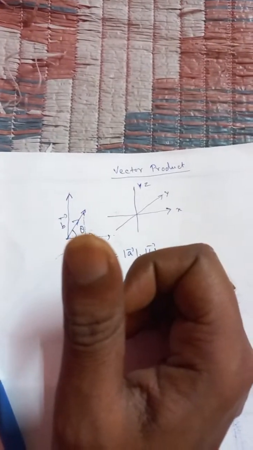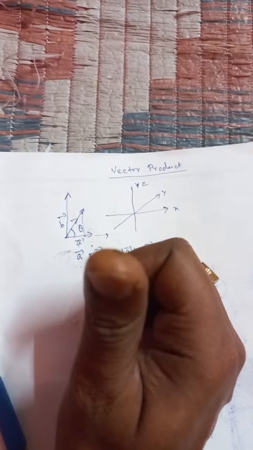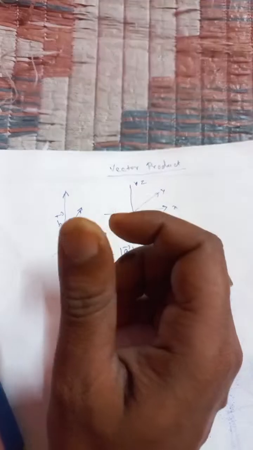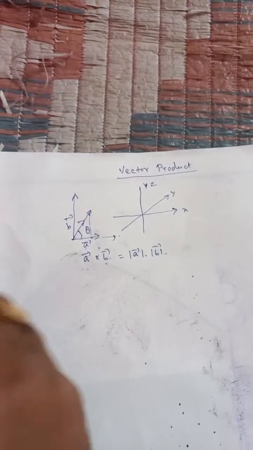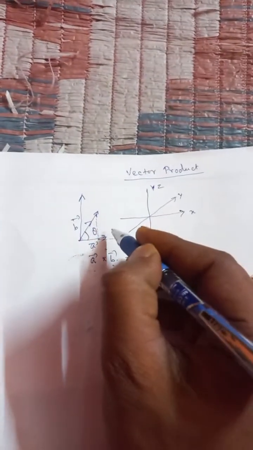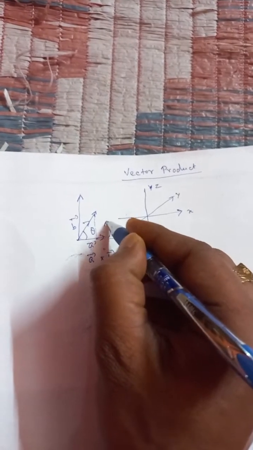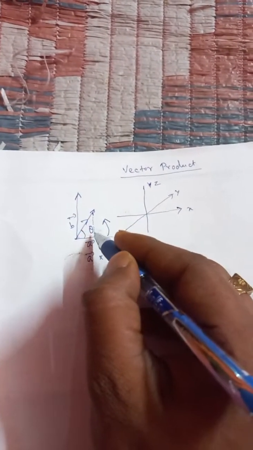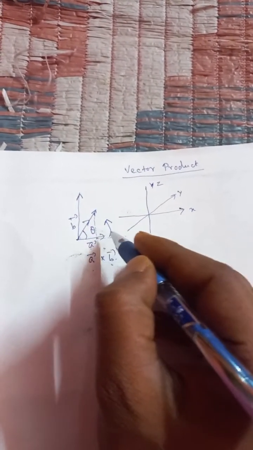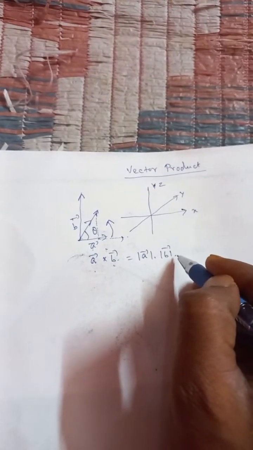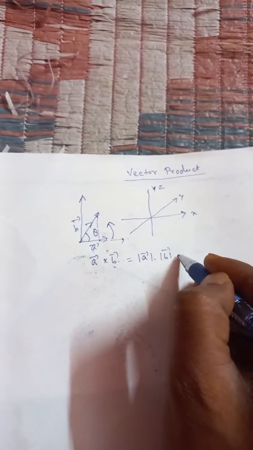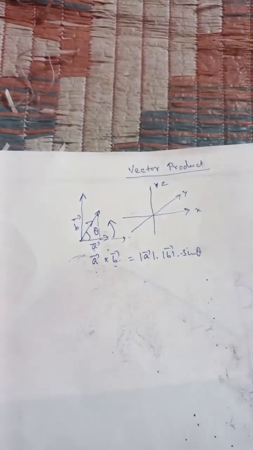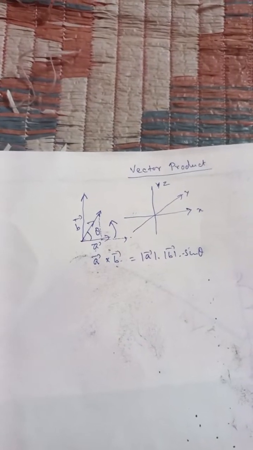This is the anti-clockwise direction, so the thumb represents the A cross B vector, where A vector and B vector rotate in the anti-clockwise direction. So there will be sine theta. This perpendicular is represented by mod of B vector multiplied by sine theta. In this way A vector cross B vector can be represented.